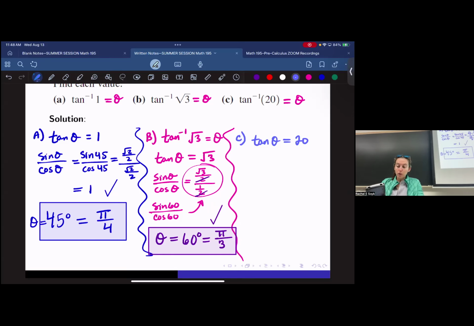And so when you do tan inverse on your calculator, we have second tan inverse, and then 20 degrees. And so we get our theta value to be approximately 87.14 degrees.